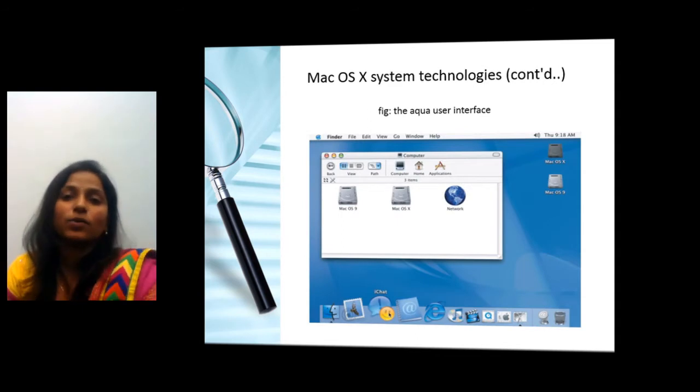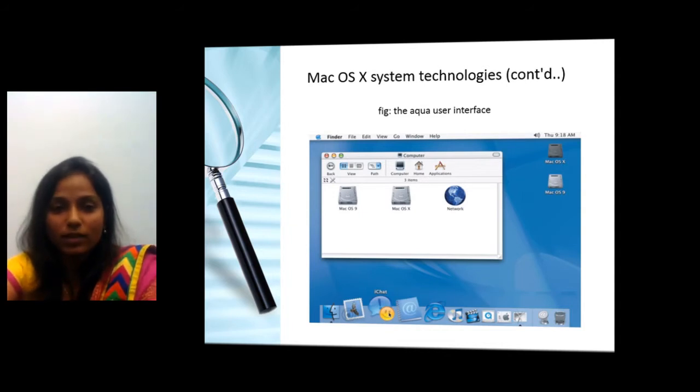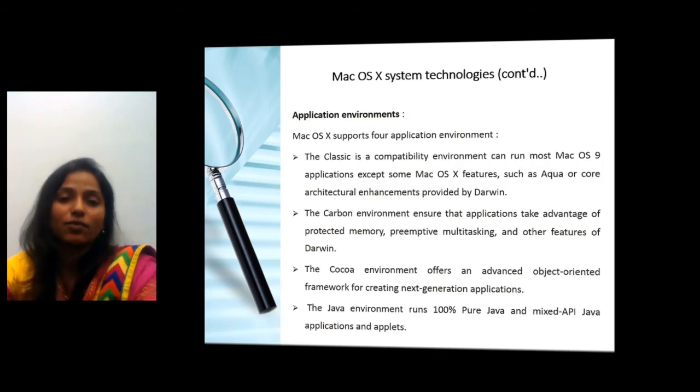This is the Aqua user interface, which represents the crystal clear experience of Aqua with different kinds of icons. The topmost layer contains the Finder, and the bottommost layer is represented as the dock. Application environments.